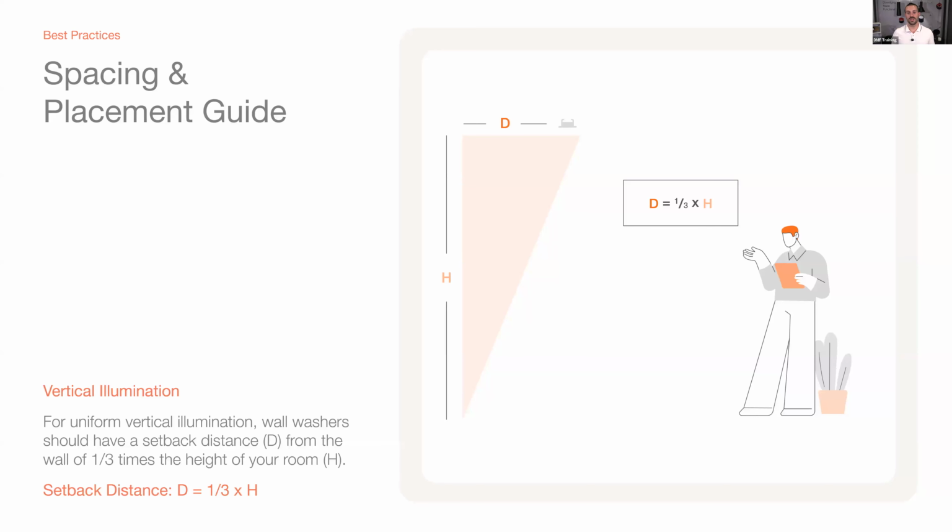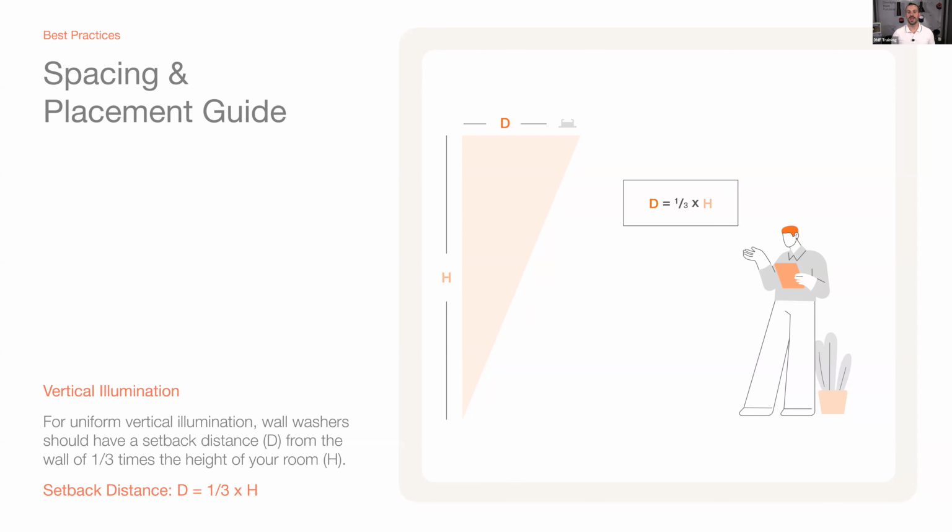But with those fixtures in mind, generally you want to place the fixture about a third of the height of the wall back from that wall. So for easy math, if you have a 9-foot wall, a 3-foot setback distance from the wall is going to be just about right to give you a nice even wash of light from top to bottom. We'll talk again about the fixtures, but you also want to pair these with the widest possible optic that we have for that fixture family.